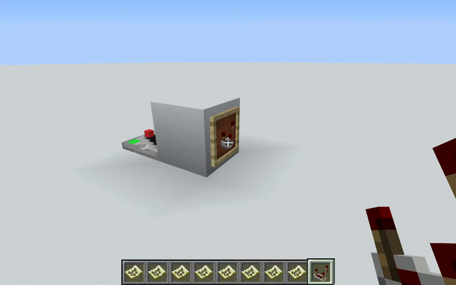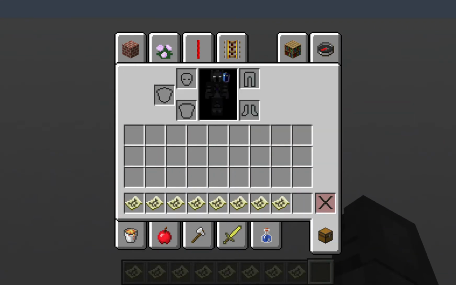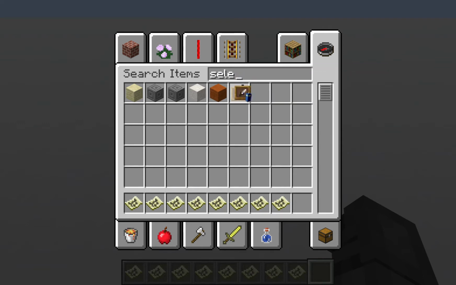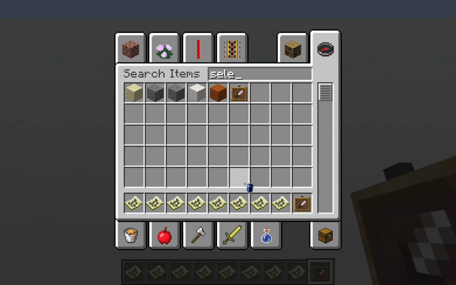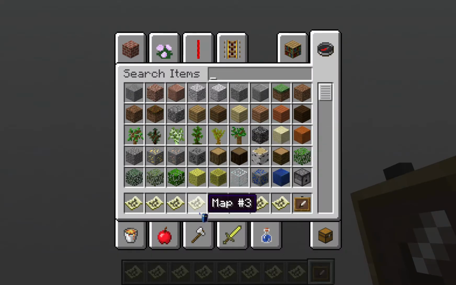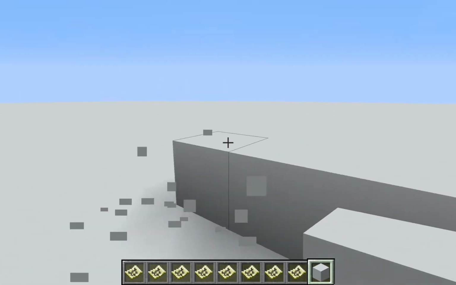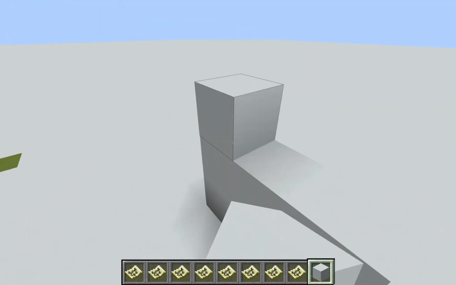And you can actually change the thing. But that's not what I'm here for. So, where's the item frame? Apologies, that's me. Yeah, so. Let's just quickly make a little thing here.